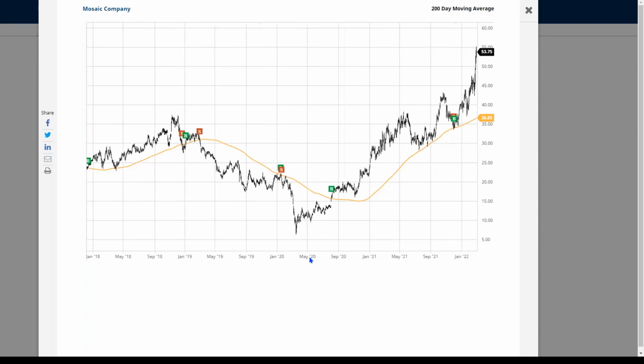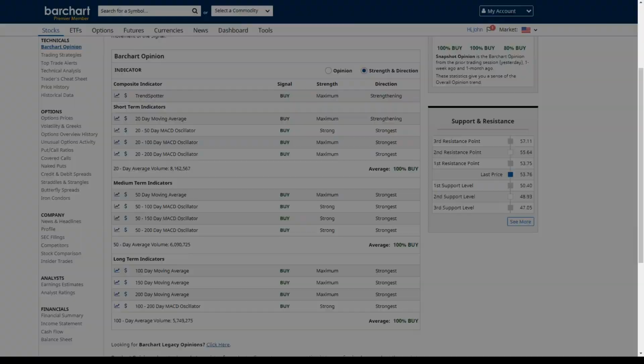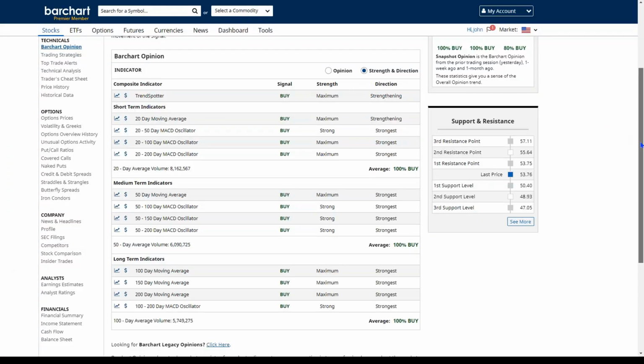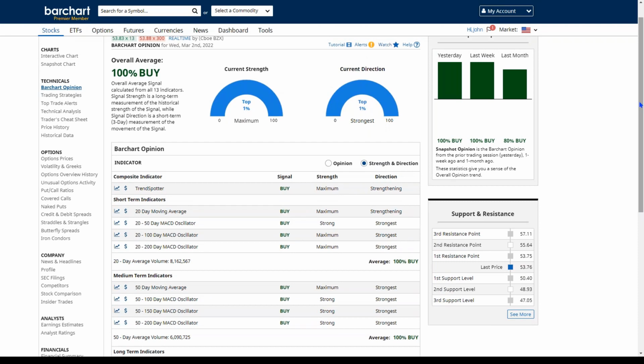But again, where is current price compared to our moving average? It has diverged, right? It has moved very far from our moving average. So that's the strongest signal we can get in terms of this particular trend. Okay, so we'll come back to this page in a second.